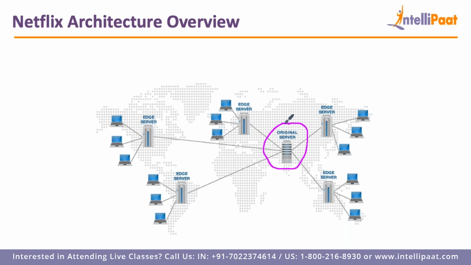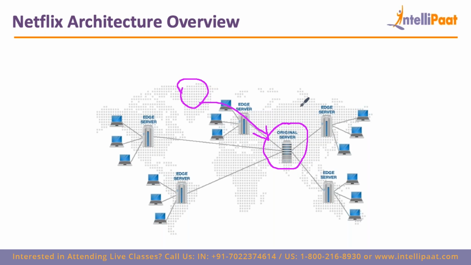Why? Because if you talk about the distance, let's talk about it in very simple terms. So when you, let's say, are living in a country, let's say over here, right? And when you have to access a server which is residing in the US, this is the distance that you will be covering.